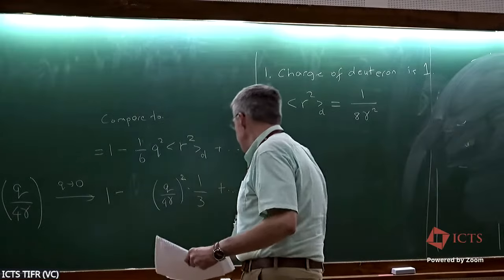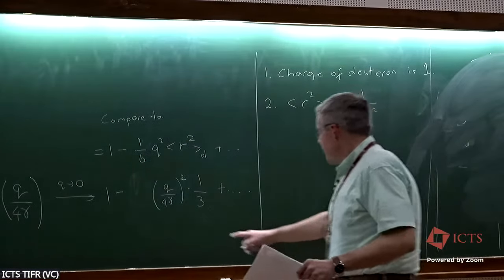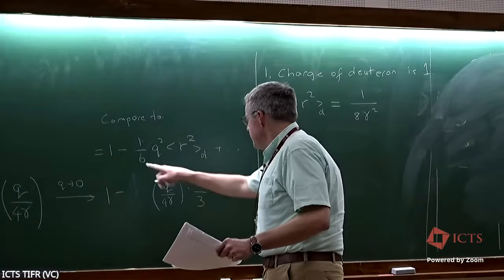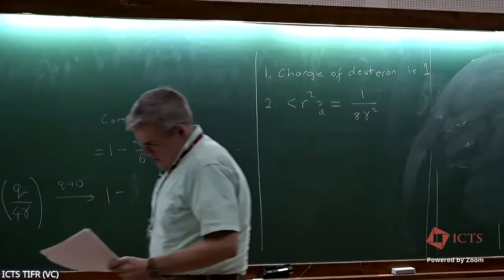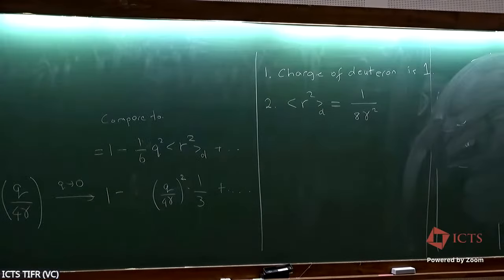So I should have done this. Then if I expand this out, I get 48, and then compare this to 6. So this is an 8. Okay, so now let's see, where do I want to go from here? I'm going to stop and ask if there are any questions.